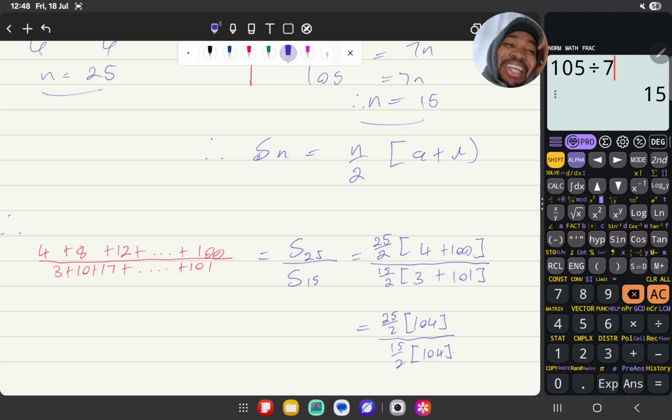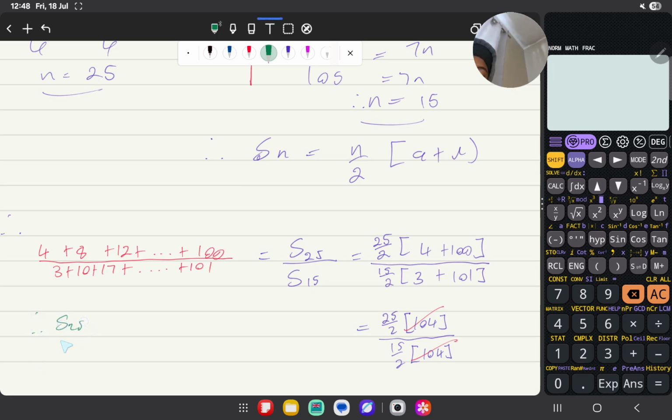I thought I was going to have to scratch my head, because they said no calculator and I'm trying to be loyal to the tester, but the 104 and 104 cancel.